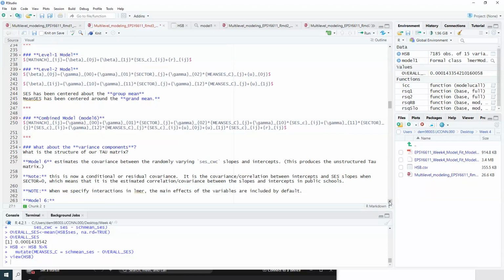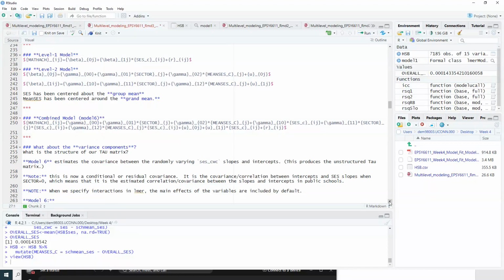Now, if you constrain it to be 0 and it really should be 0 or something close to 0, no problem. But if you constrain it to be 0 and it should be something radically different from 0, you've now introduced a misspecification to your model.